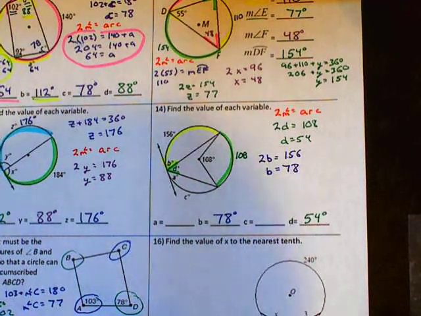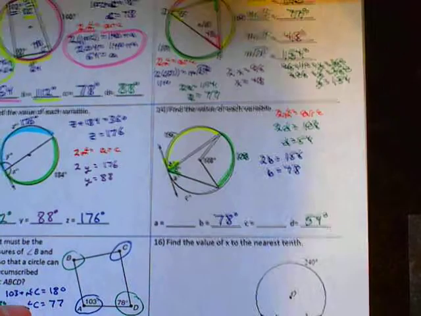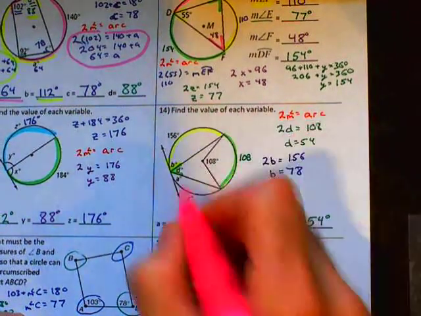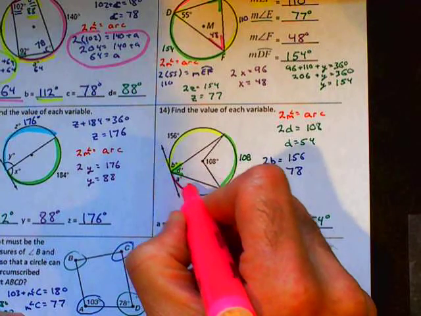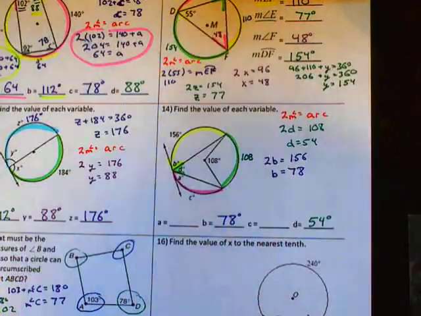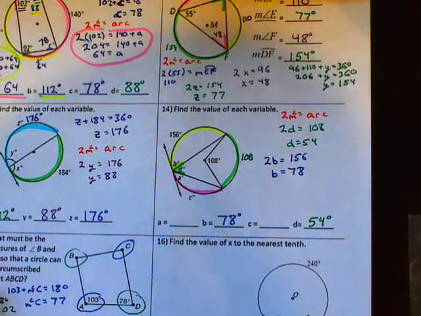Now C, to find C, what I want to do is take that and that, the yellow and the green, plus what I'm looking for, C. The relationship is they add up to 360.